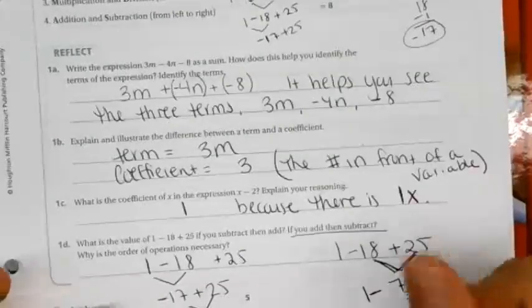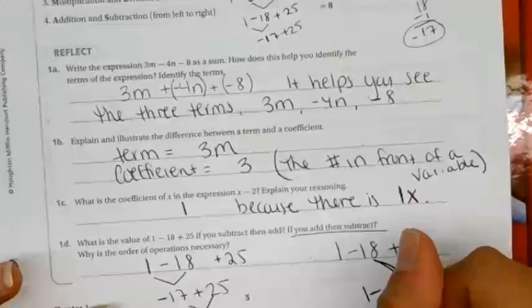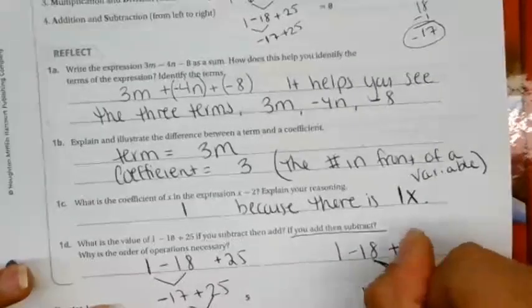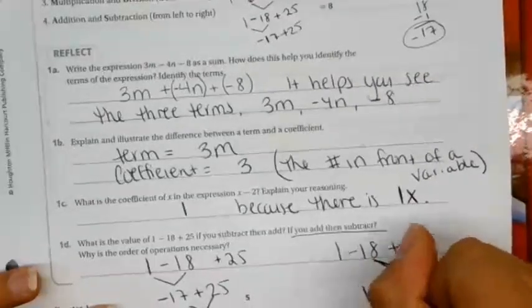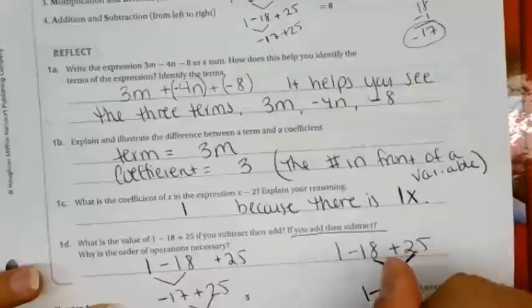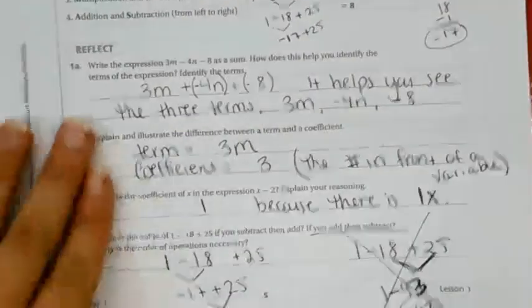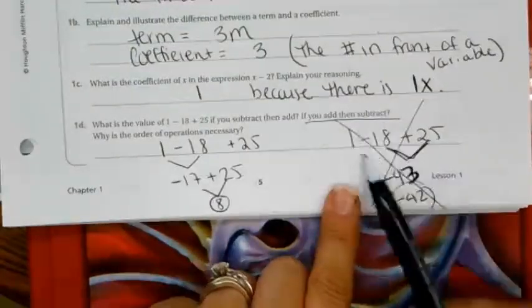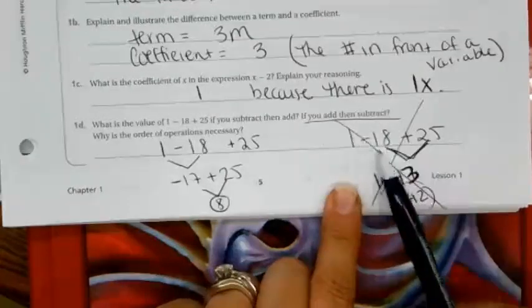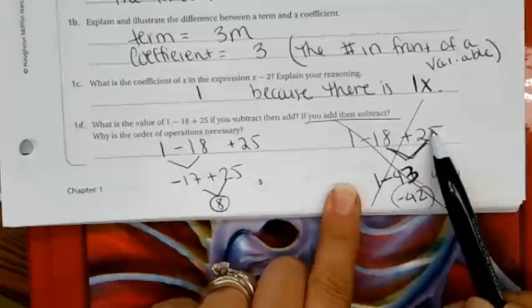So 18 plus 25 they're saying is 43. And then 1 minus 43 is negative 42. So these are not going to be the same answer. So this is not okay. That's why it's important to go from left to right. But they're also not necessarily doing the right thing, because this negative belongs to the 18. It's negative 18 plus 25. Okay?